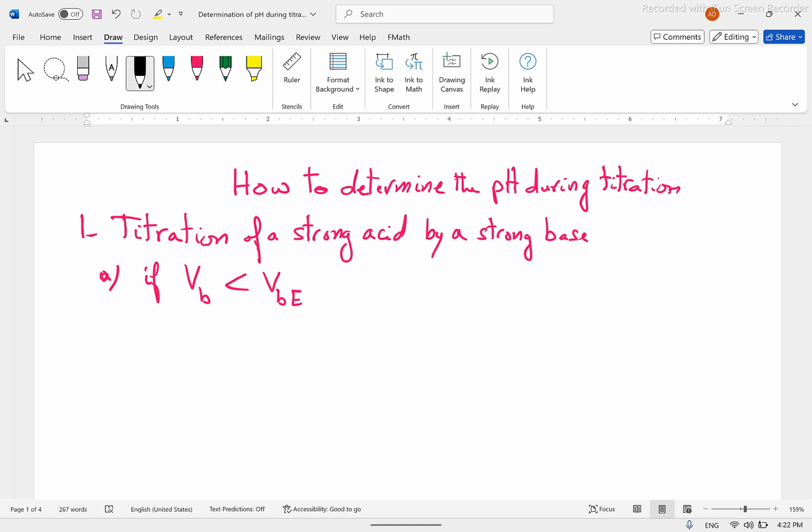How can we determine the pH of the solution in the beaker if Vb is less than Vbe? In this case, the number of moles of HO- added is less than the number of moles of HO- added at equivalence.